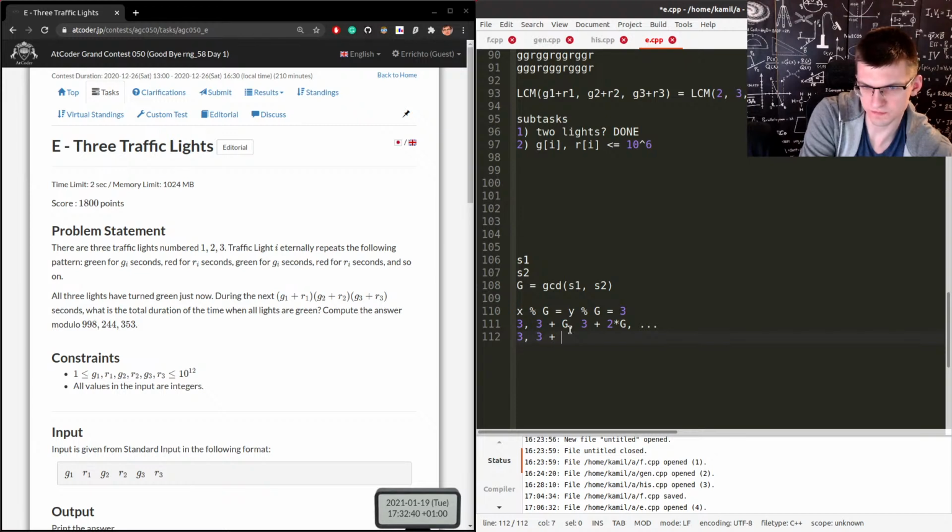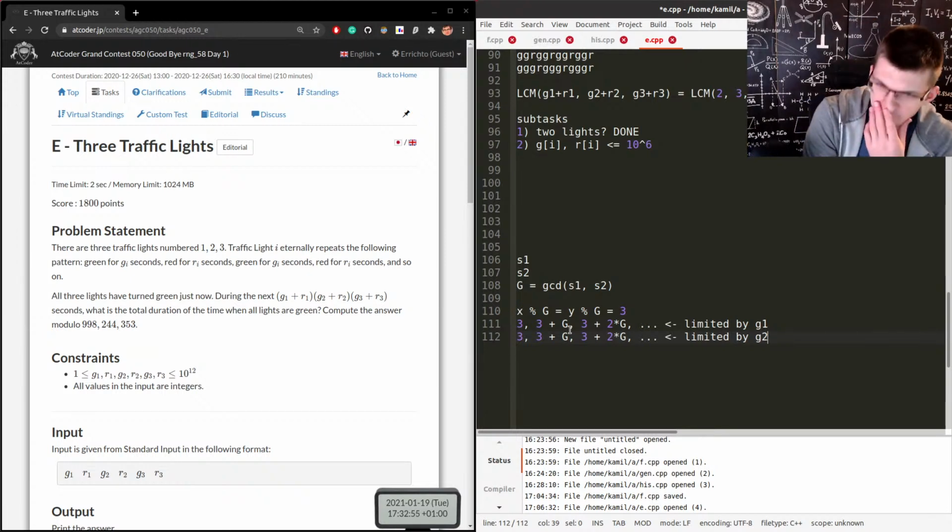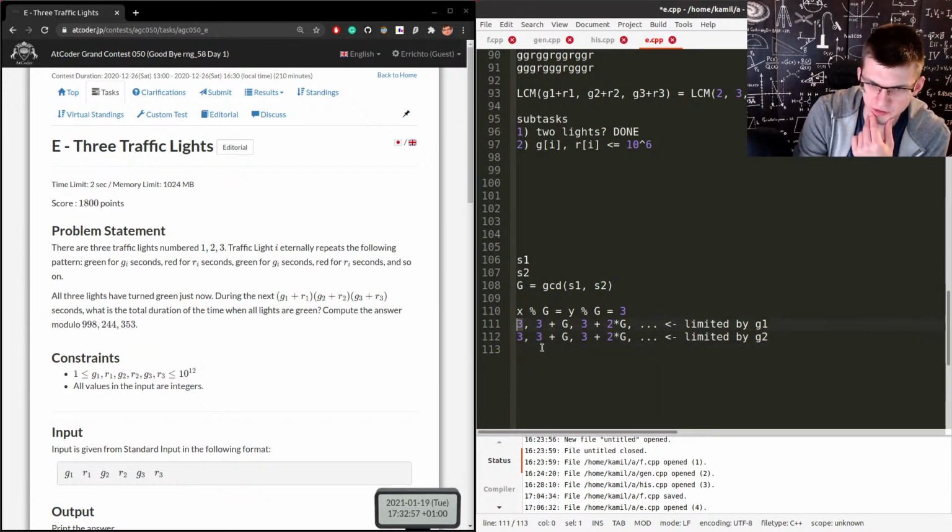And same here. This is limited by G1. This is limited by G2. But in particular, 3 is here.